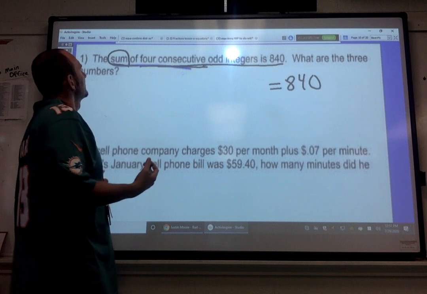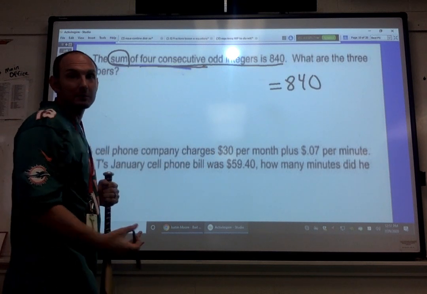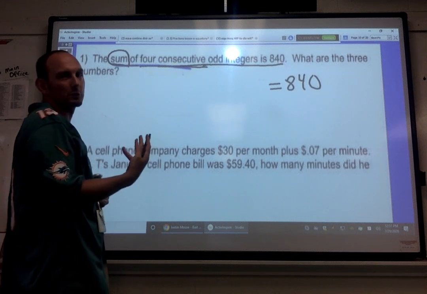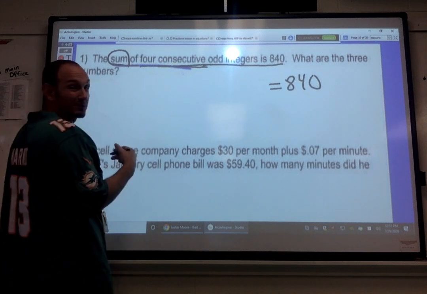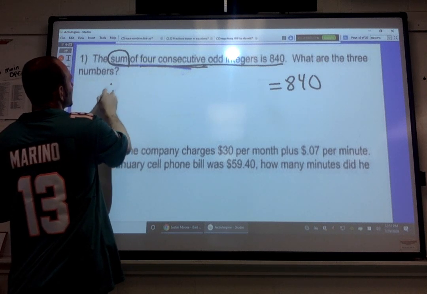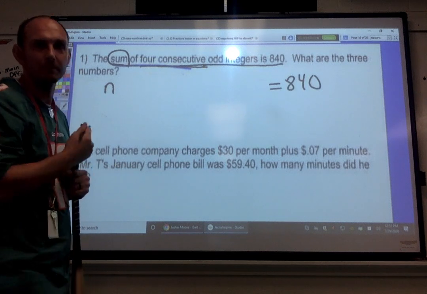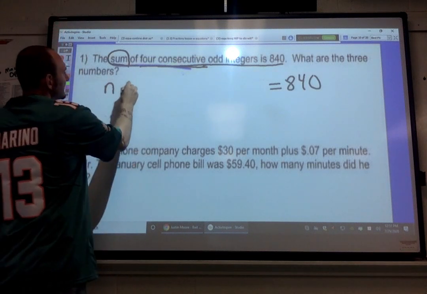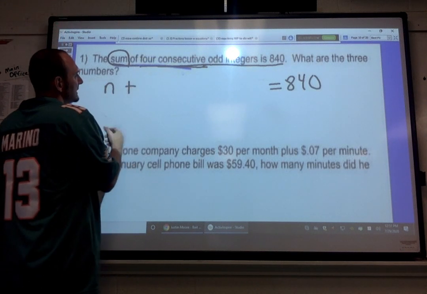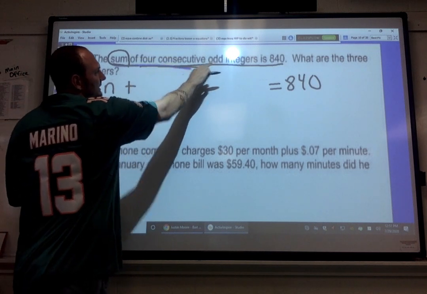So what are the numbers? Well, my question there says 3 and 4, so that's clearly a typo. We'll pretend that has 4 numbers. I hope it gives us the right answer. So the first number, I don't know it, so I'm going to call it n. So there's my first number. The second number is supposed to be consecutive, so the next one is odd.